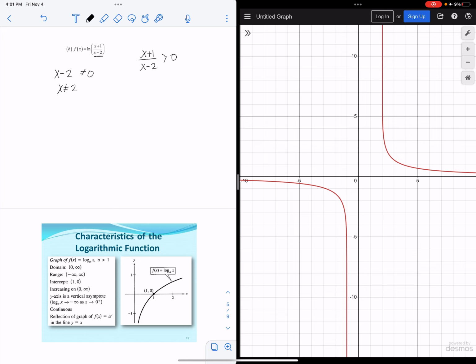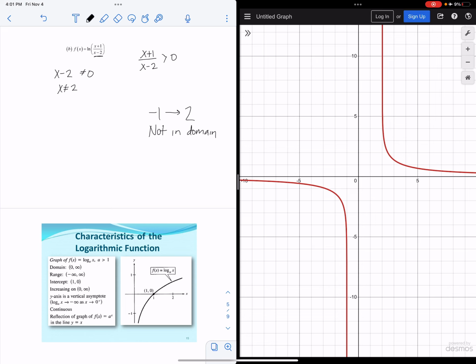We can see that we've got a domain and it's split in the middle. We have a gap from -1 all the way to 2 that is not in our domain. But all the other x values are in our domain.